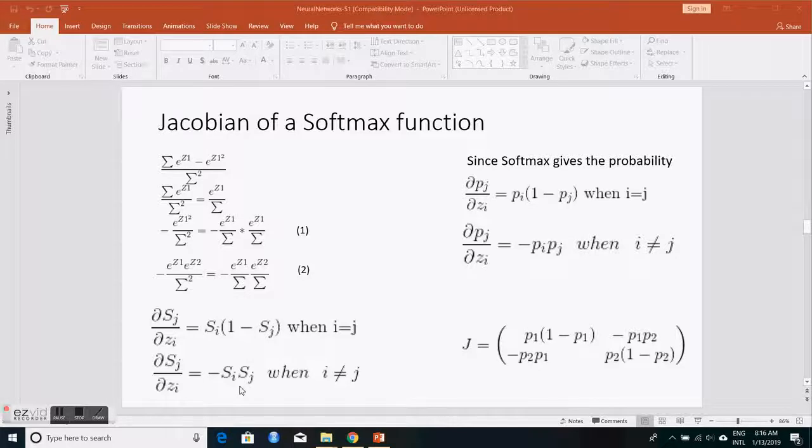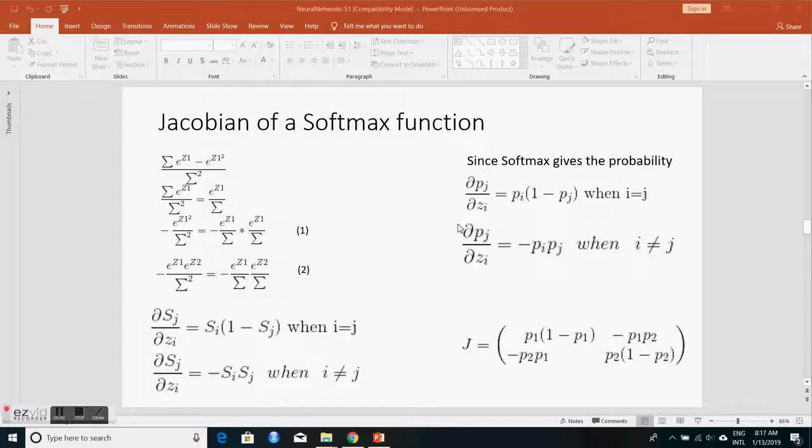Now since the softmax is also equal to the probability, I just replace S by P. So dou Pj by dou Zi is equal to Pi into 1 minus Pj when i is equal to j, and dou Pj by dou Zi is minus of Pi Pj when i is not equal to j.